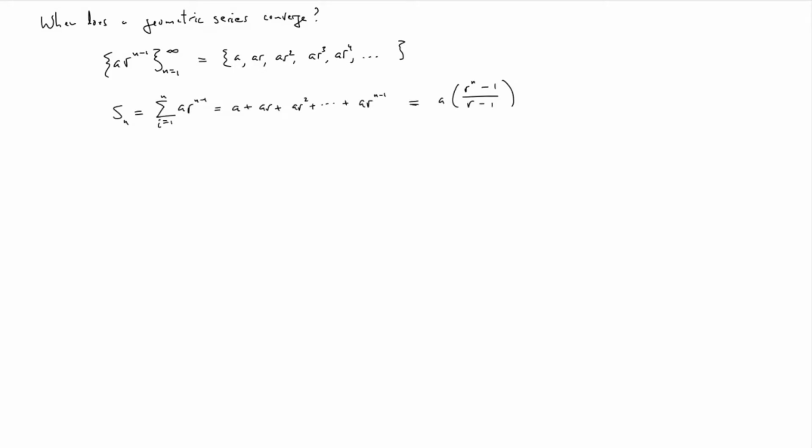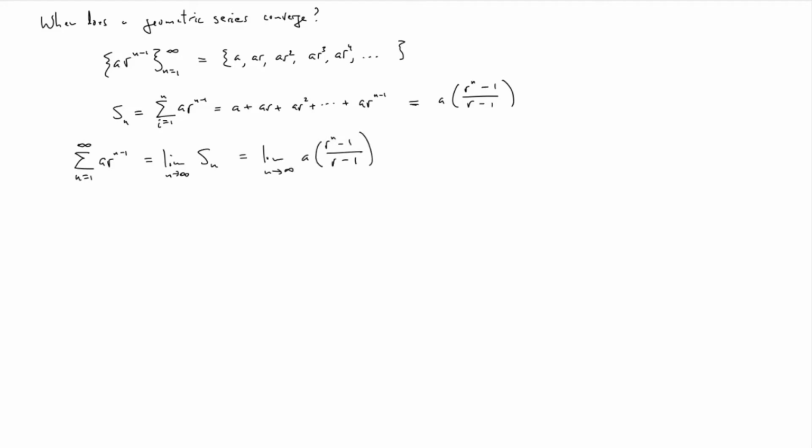And in our last video, we very cleverly came up with a formula for the nth partial sum of any geometric sequence. And it's this formula right here. The nth partial sum is a times the quantity r to the n minus 1 all over r minus 1. We have that by the definition of any series, the series is equal to the limit as n goes to infinity of the sequence of nth partial sums.